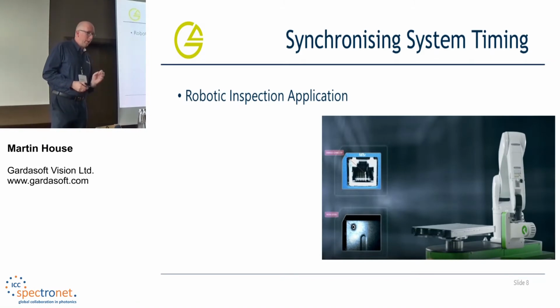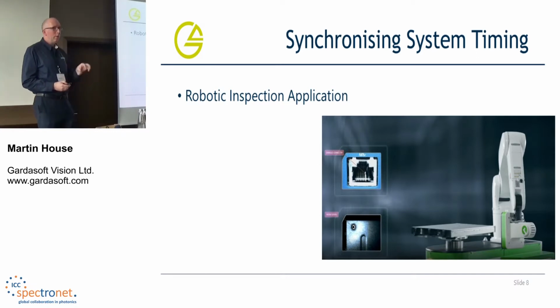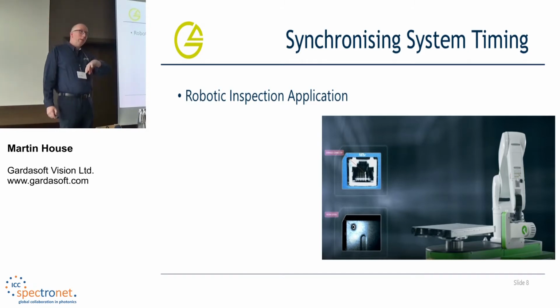This was quite a nice example from a customer called Kitov, based in Israel. If you go onto their website, KITOV, there's a really nice bit of video footage at the beginning, which actually demonstrates the whole idea of the synchronization.